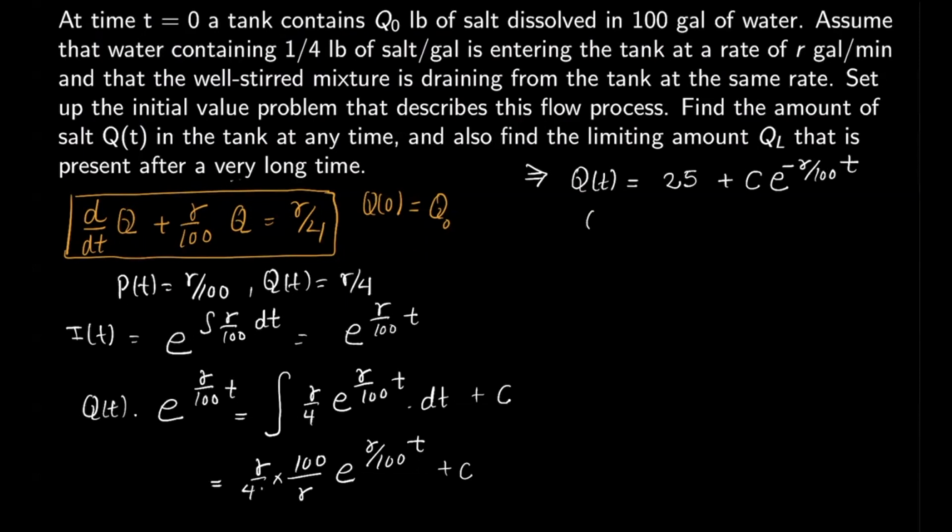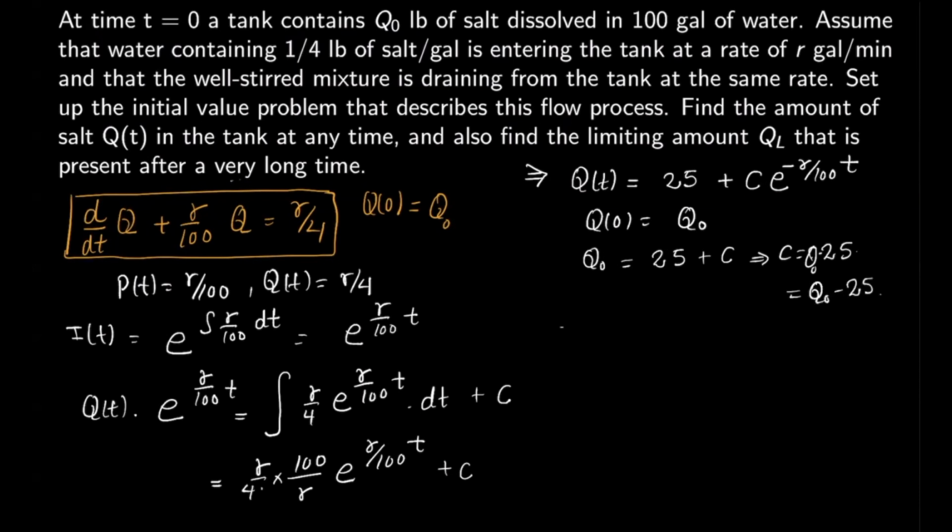Now we have an initial value problem because Q of 0 is equal to Q0, that is the initial condition. If I substitute t equal to 0, it will be 25 plus c. So that means c is equal to Q of 0 minus 25.